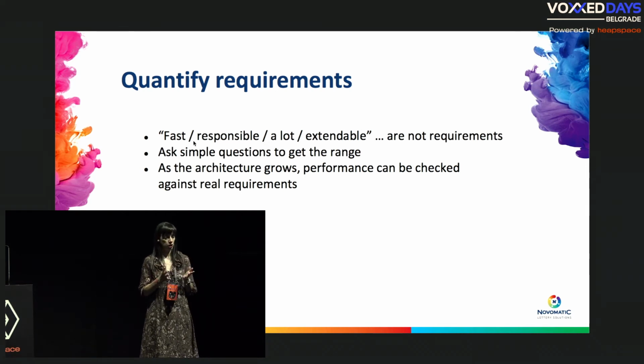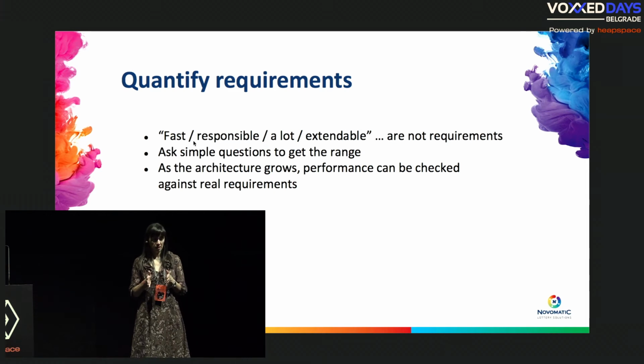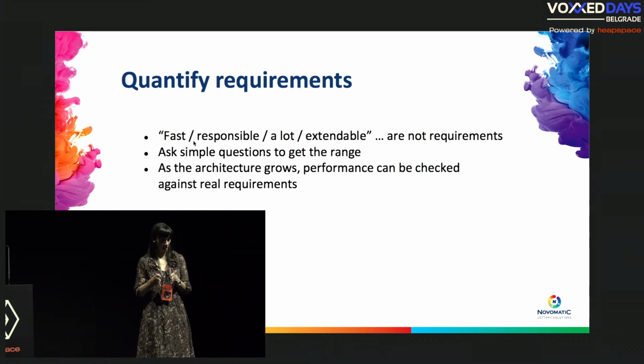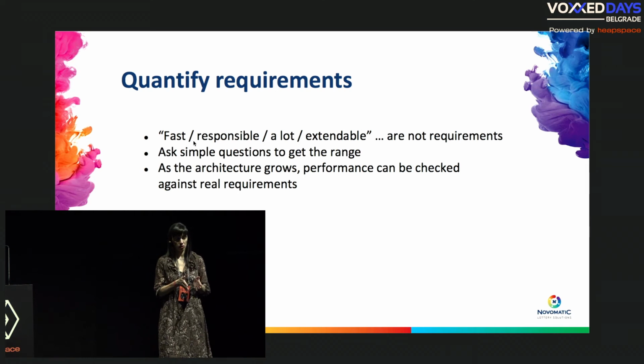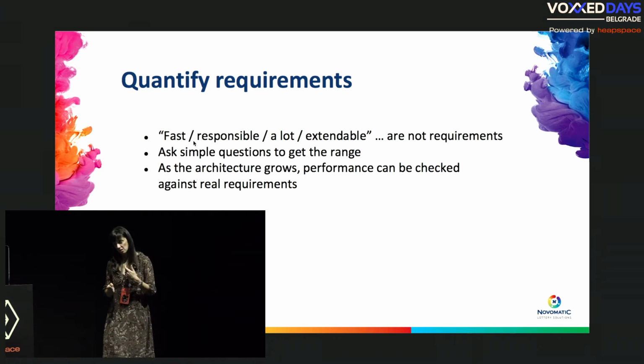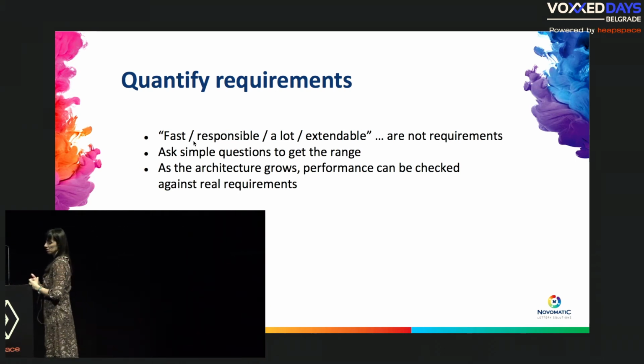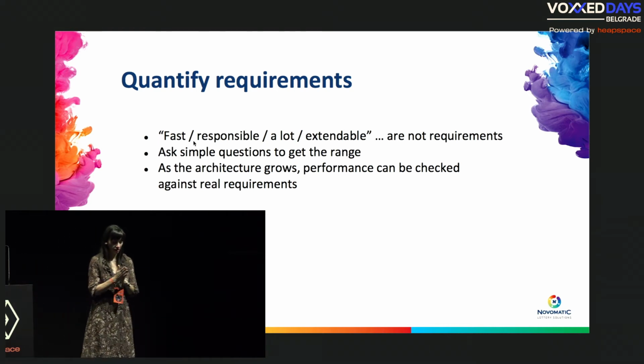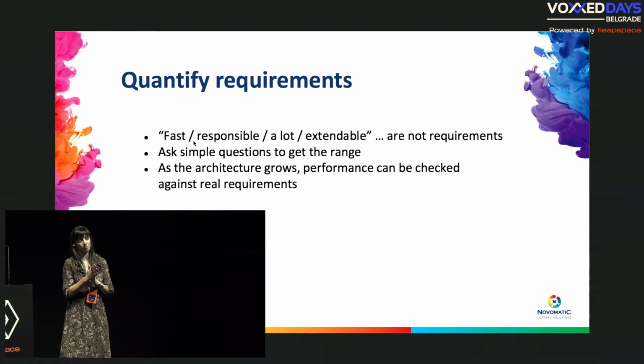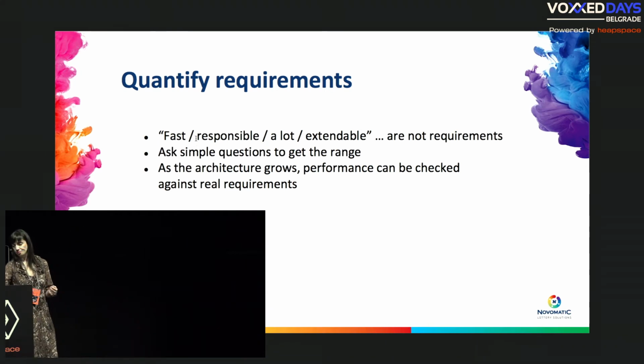Ask any type of question that will help you quantify the requirement so that when the system is actually implemented, you can measure if the requirements are met or not. So this is also one of the important jobs that maybe during your life as a developer you didn't have much chance to experience.